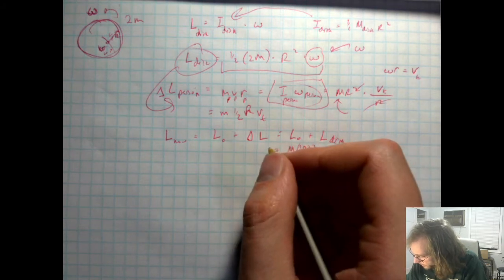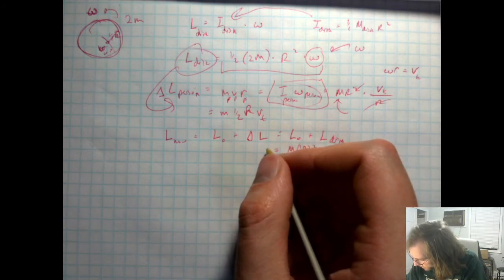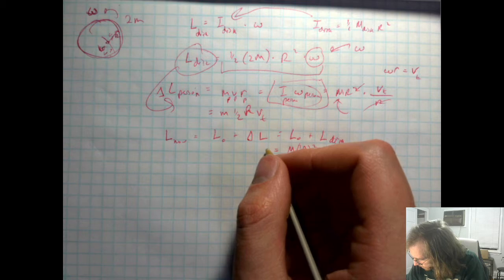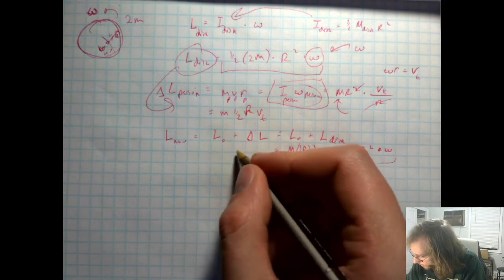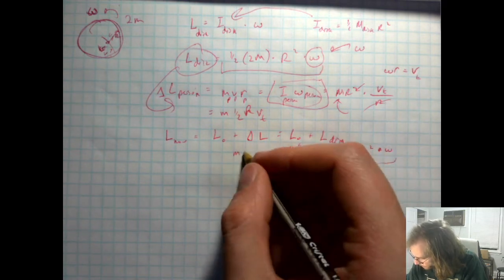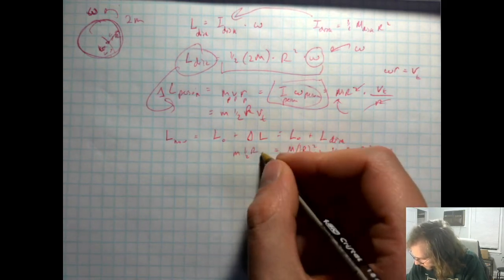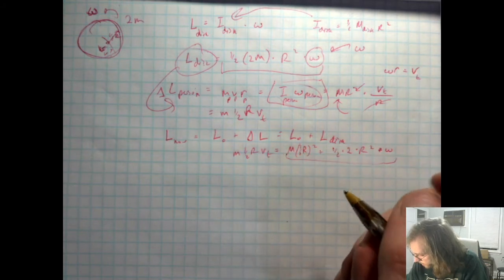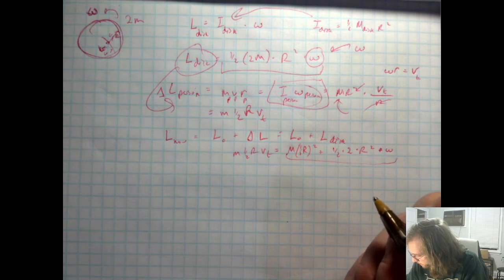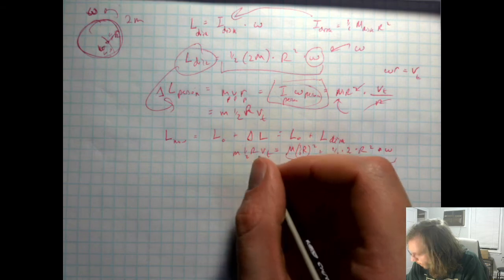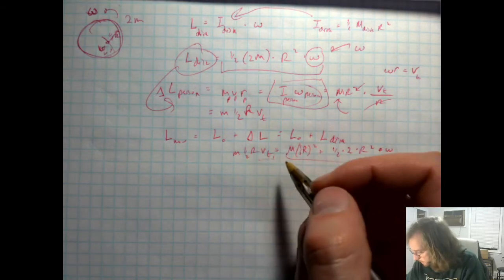And that'll need to equal their angular momentum now, which is going to be equal to m times 1/2 times the radius times their velocity. So, oh, right, because tangential, yes.